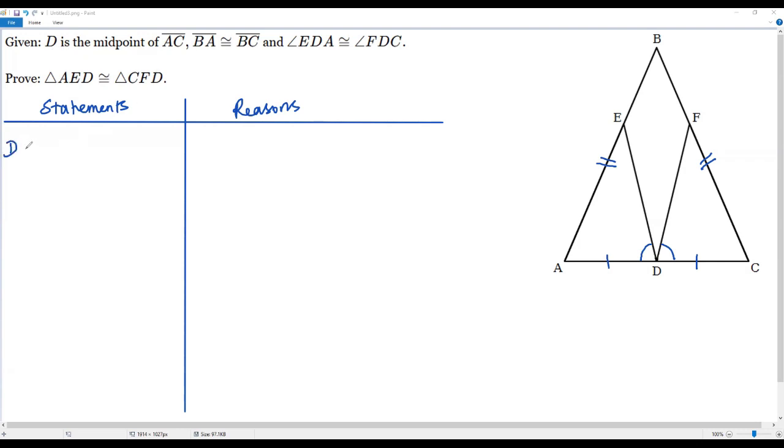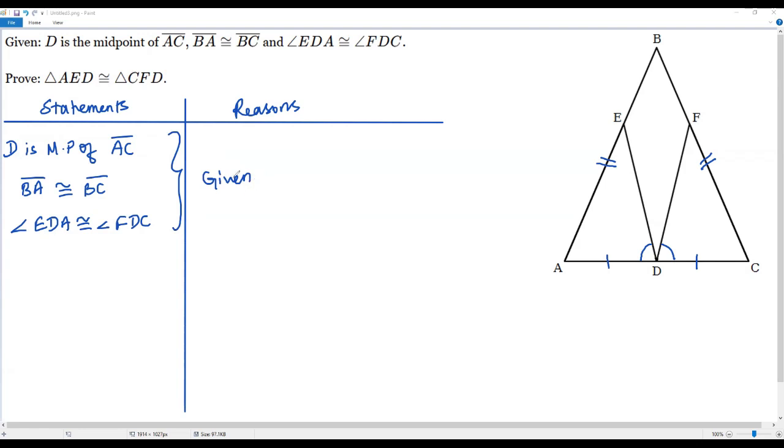Let me take the first information, that is D is the midpoint of the line segment AC, and also the line segment BA is congruent to line segment BC. And angle EDA is congruent to angle FDC. So all these statements we have in the question itself, that is, these are all given information. So the reason we have to write is: given.